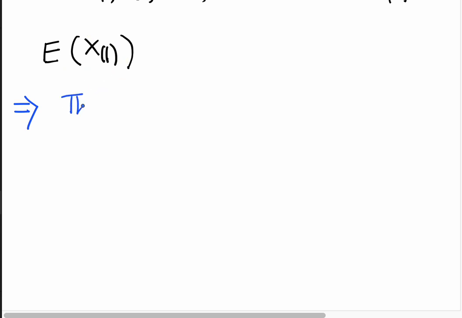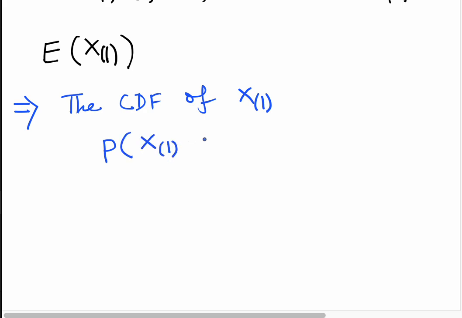The CDF means the probability of x1 being less than or equal to x, and this is equivalent to 1 minus the probability of x1 greater than x.